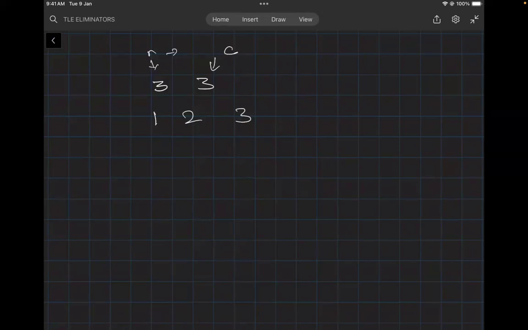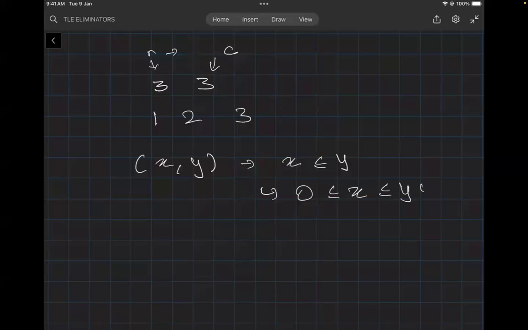What are we asked? How many pairs of integers x comma y are there such that first x smaller than or equal to y, both x and y are between 0 and c, so 0 smaller than or equal to x, smaller than or equal to y, smaller than or equal to c, right?